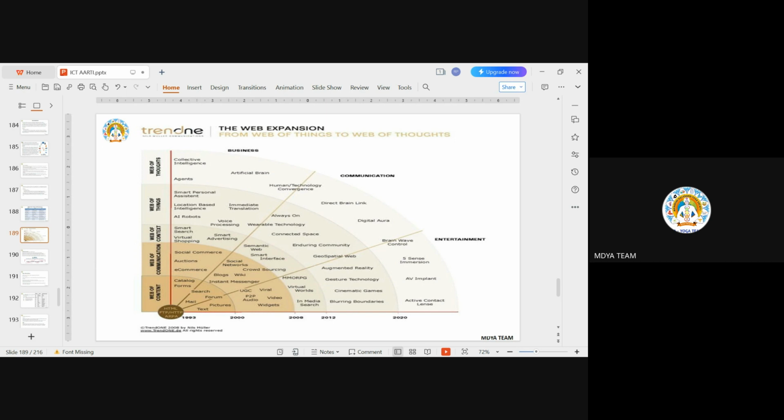Yes, now it's visible. I am saying that web 4.0 is a symbiotic web, where a human and a machine will think alike. I am just giving the example of ChatGPT. When you give just one word, say you want to email that person, it will make the whole email itself.